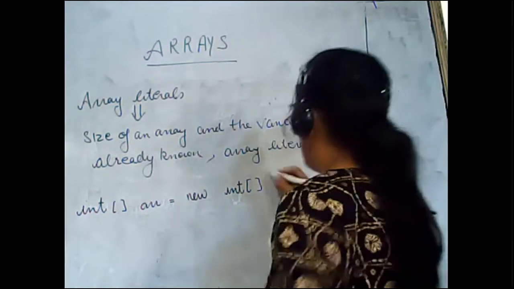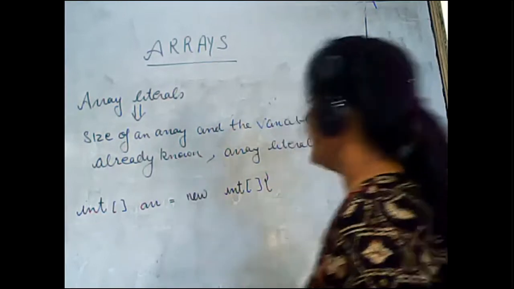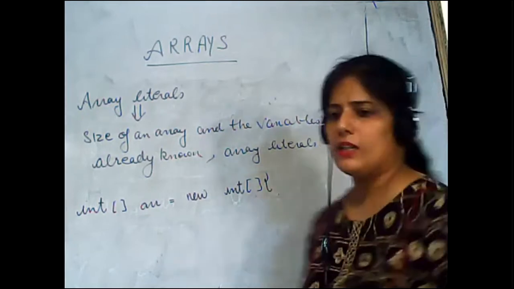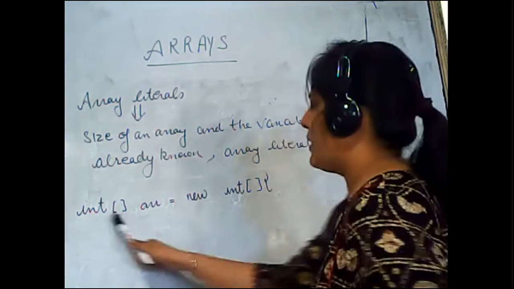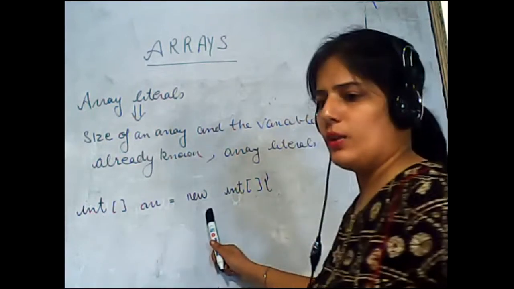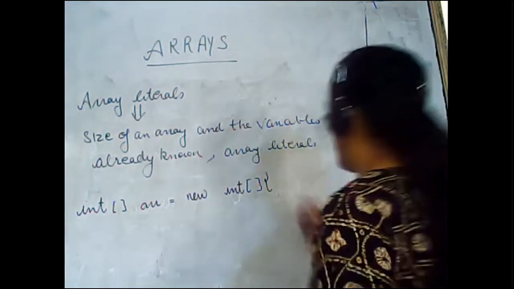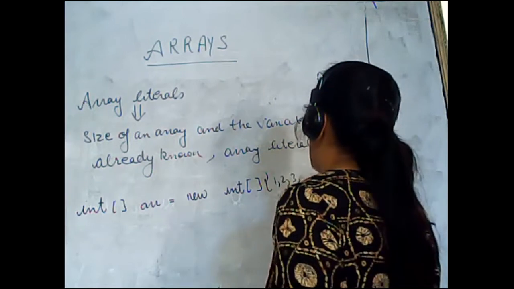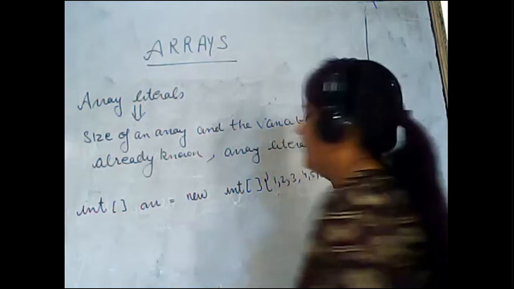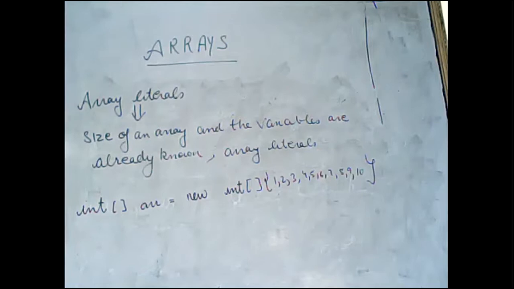But we are also defining all the elements. So what is this array literal, in which we define the size of an array and the variables are already known? We have declared this array, and by using new we have allocated the memory. And in the integer portion you can write any number of elements like this: 1, 2, 3, 4, 5, 6, 7, 8, 9, and 10. So you have defined all those elements like this.